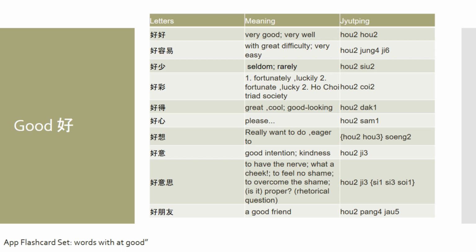This usually ends with another character, la, 好心啦. If you want to say eager to or really want to do, then you could say 好想. If you want to say good intention, then you could say 好意.